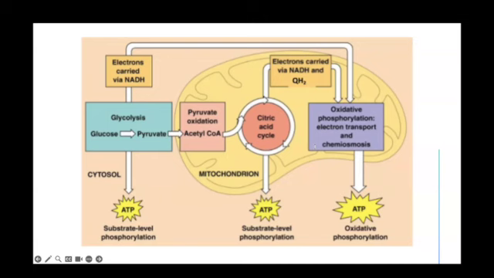So increasing our membrane space by folding it makes a lot of sense. So the electron transport chain happens along the inner membrane, and the TCA cycle occurs in the matrix and the intermembrane space. Glycolysis, as a reminder, happens in the cytosol, and electrons get carried from all those reactions and get funneled around, essentially.